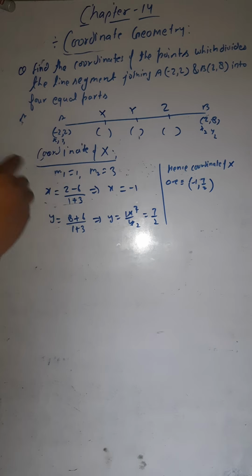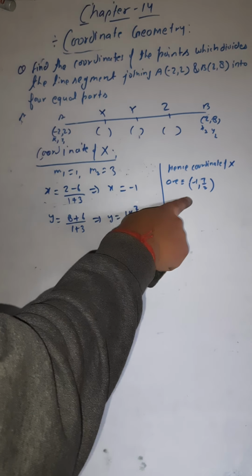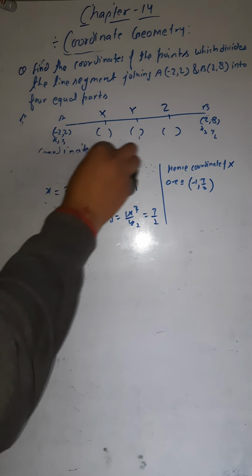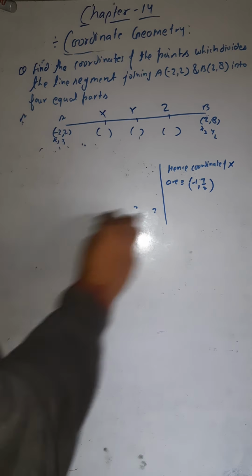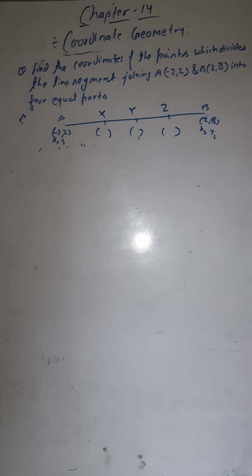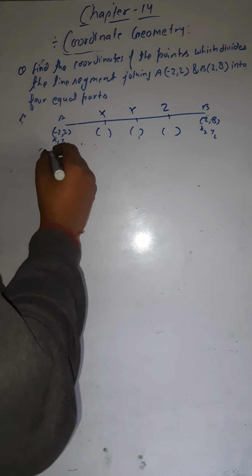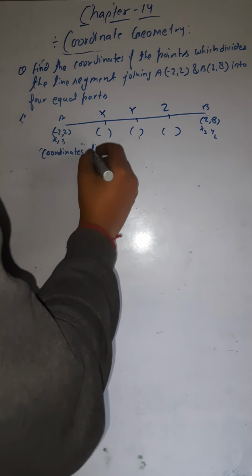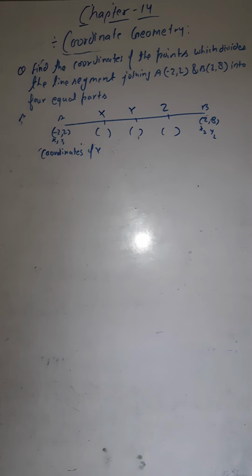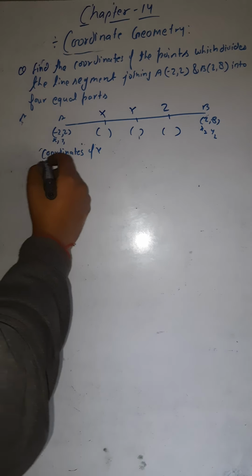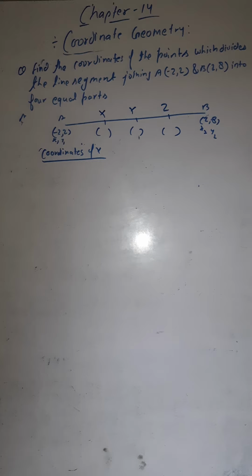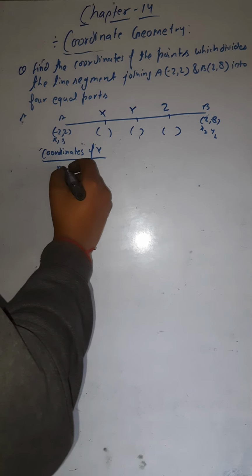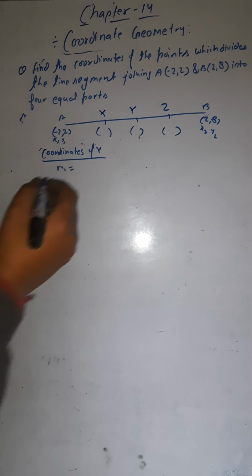Now let me find out. You have got the coordinates of x now. Now we are to find out the coordinates of y. So what would be the coordinates of y? Again, for y, first of all you are to find out the values of m1 and m2. Look here.